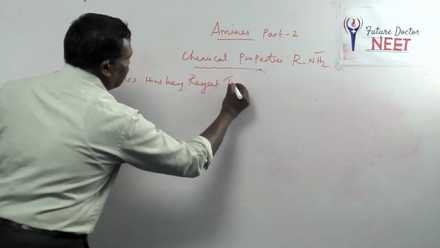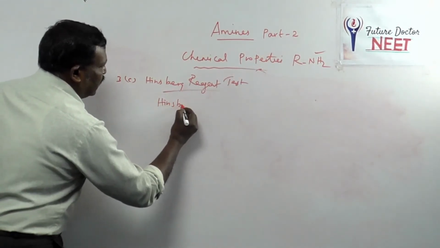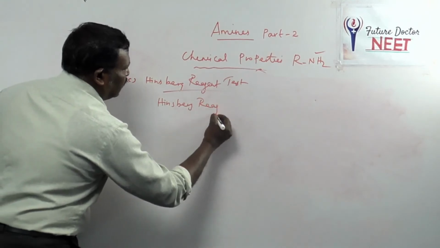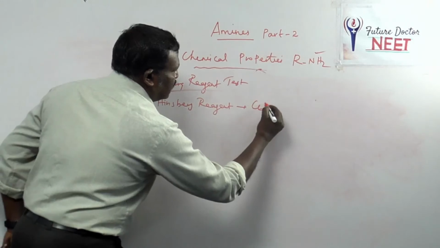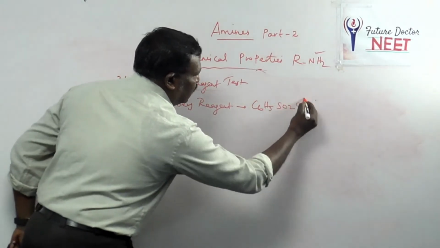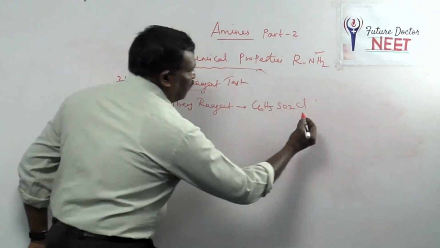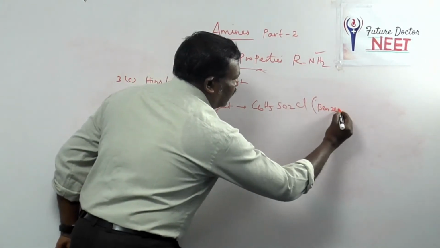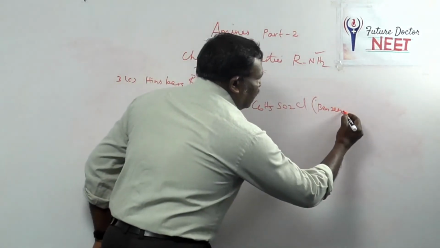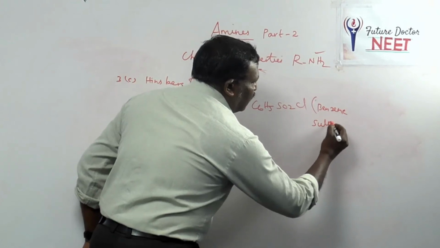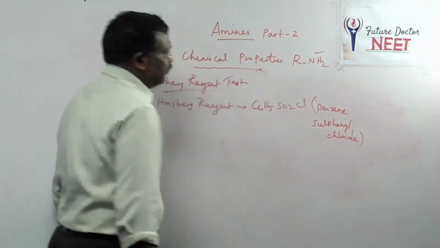First of all, you should know what the Hinsberg reagent is. It is nothing but C6H5SO2Cl, benzene sulfonyl chloride. That's the name. Just write it one by one: benzene sulfonyl chloride.